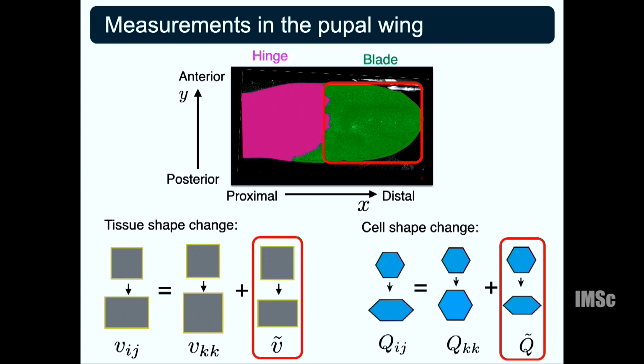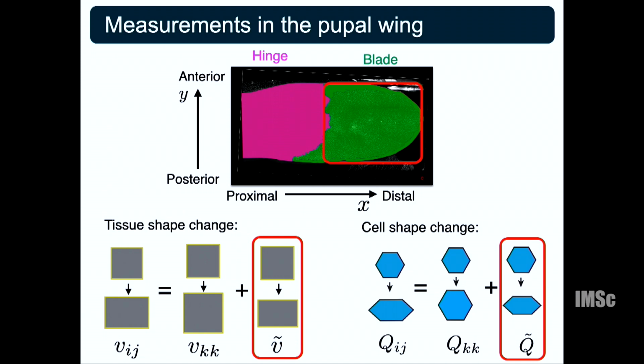Because we are going to focus only on the blade, and if you recall, the blade was extending anisotropically, means it was extending in the x direction. At the same time, the deformation in the y direction was equivalent, so that the area was unchanged. So I will compute what is the overall change of this anisotropic extension of this blade, and on average how the cell shape is changing inside.